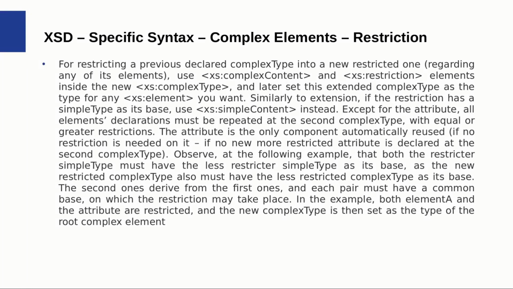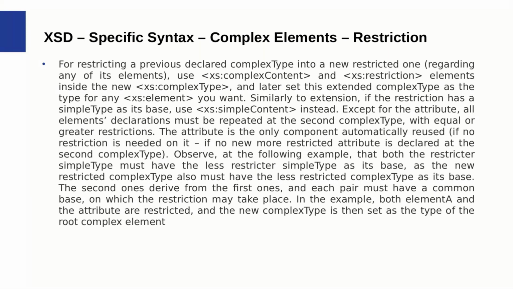Now let's see the opposite, which is the restriction of complex elements, regarding any of its elements. We also use the xs:complexContent, but now combined with a new element called xs:restriction, and also both inside a complex type, which later can be set to any complex element you want.